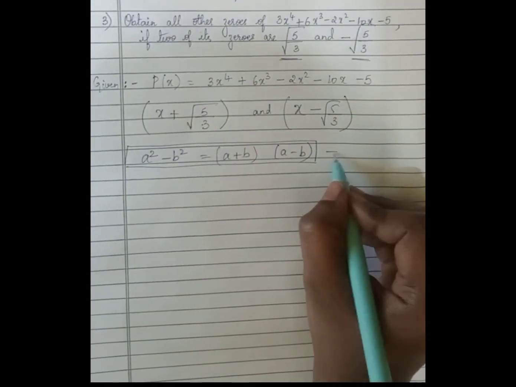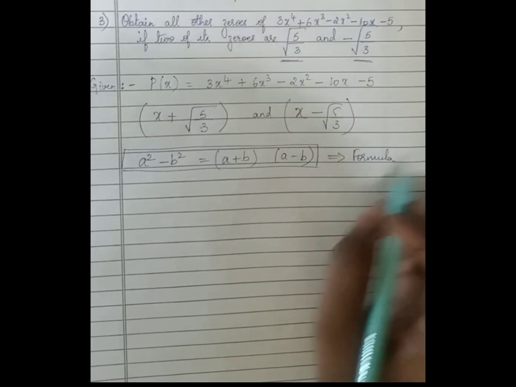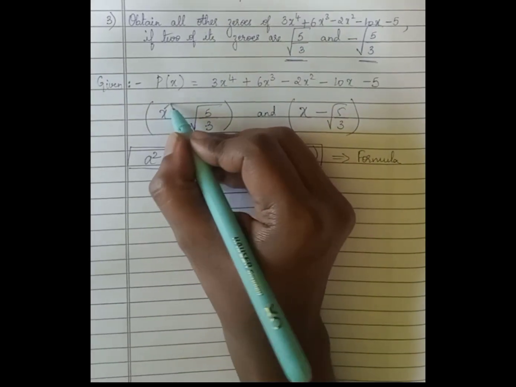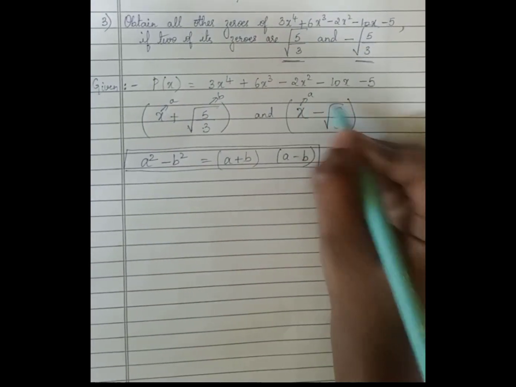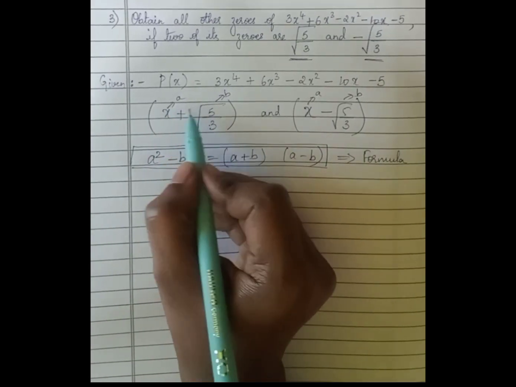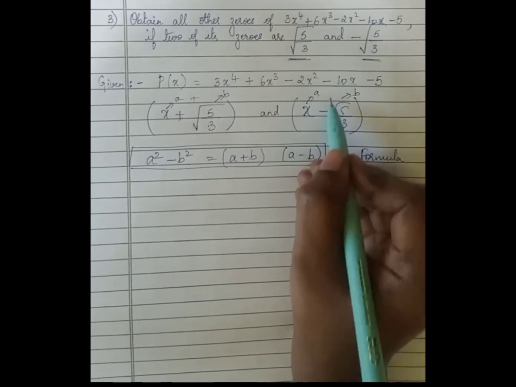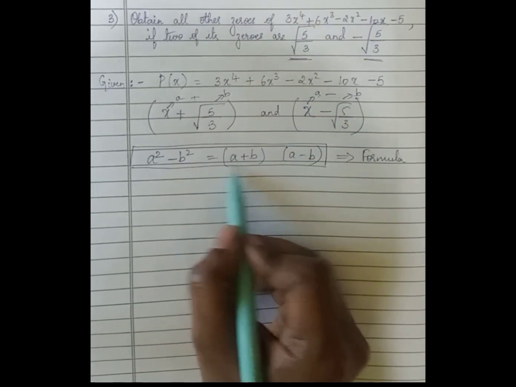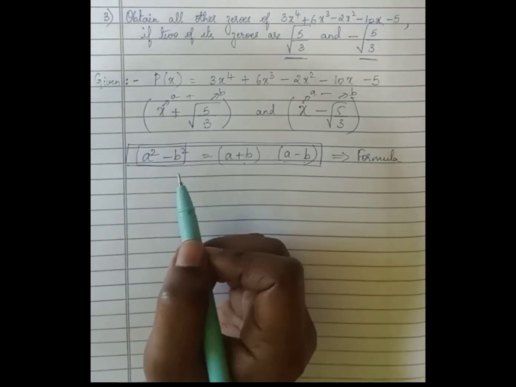Now this formula will be applied to this particular sum. Consider this as a and this as b. So this will also be a, this will also be b. Now it is looking like a plus b and a minus b. So a plus b into a minus b, the answer is a square minus b square.